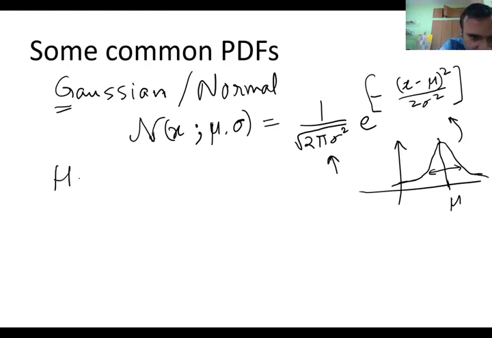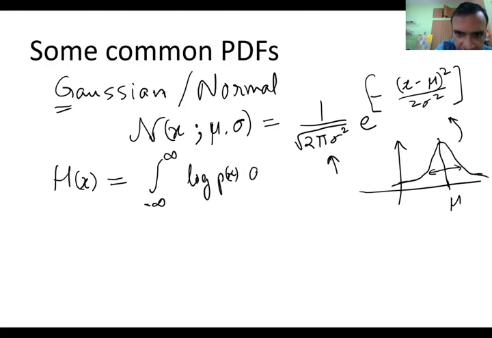So here h of x, okay, this is the entropy of x, will be defined as integration minus infinity to infinity, okay, and it is going to be expected value of log of p x. So it will be minus integral of log p x, p x dx.